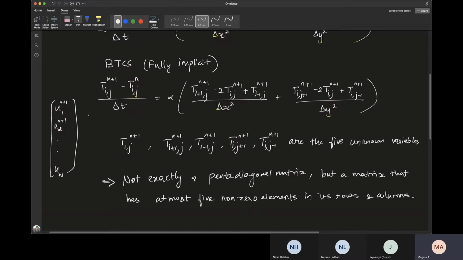But here it will not be easily possible for us to arrange always. So I'll write it for 2D here. Suppose we have 5 unknowns. We may have to arrange them in some order. Is it possible for us to get one neat vector like this?